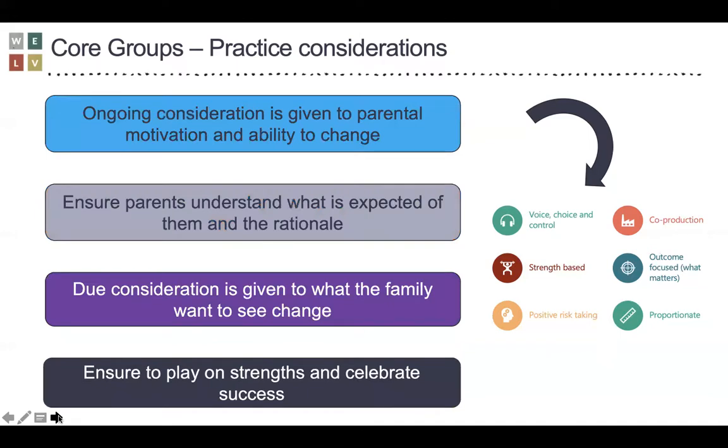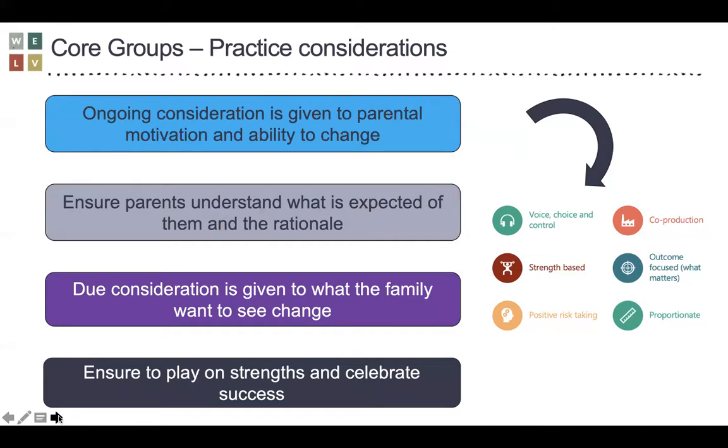It's also important that there is ongoing consideration given to parental motivation and ability to change, adopting that strengths-based approach, making sure parents understand what is expected of them and the rationale around those expectations. But that in this, due consideration is given to what the family want to see change themselves.